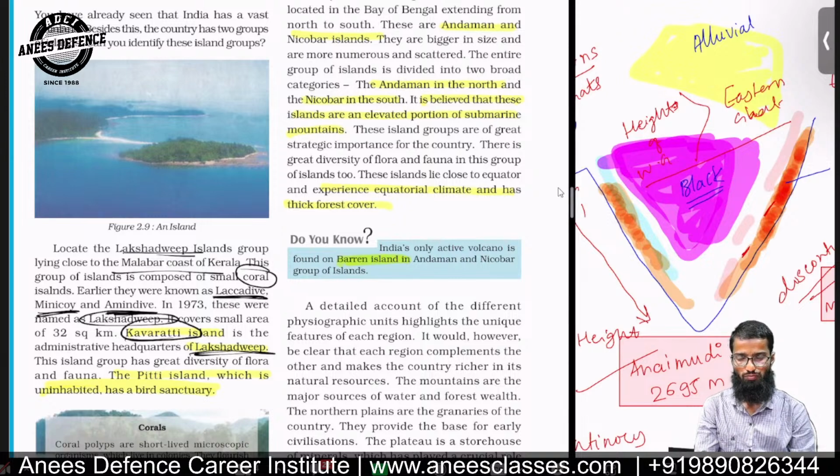There is a lot of debate over passengers and tourists not going to the Maldives. Earlier, a lot of visitors used to go to the Maldives Islands. Now the Indian government is promoting Lakshadweep.